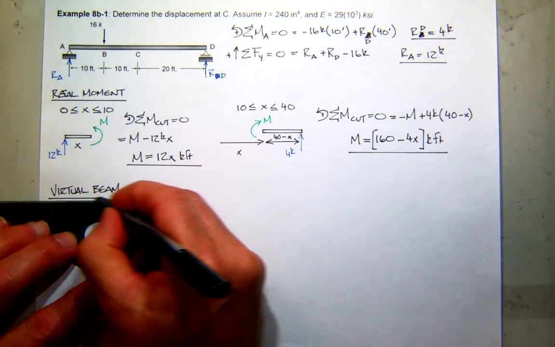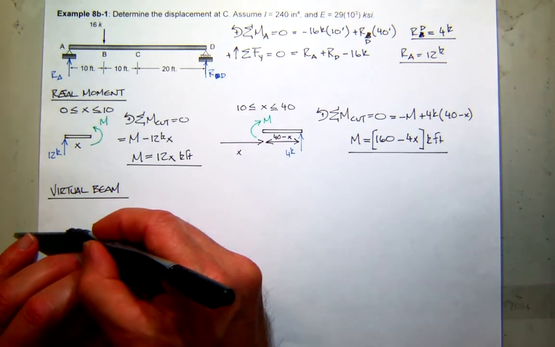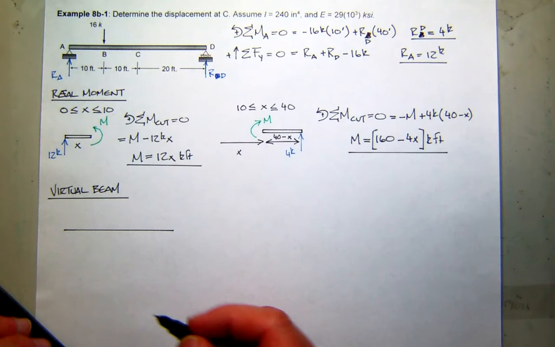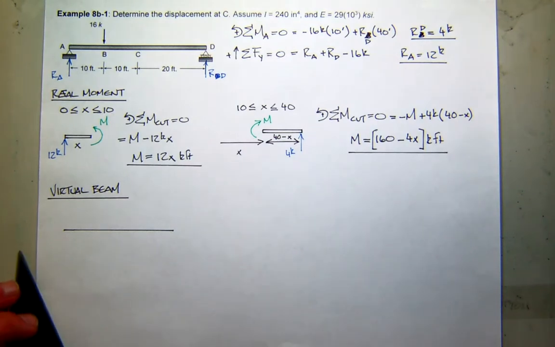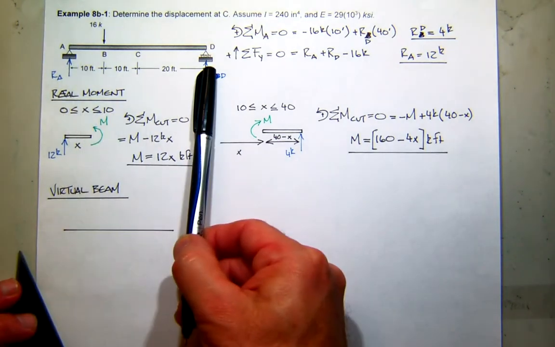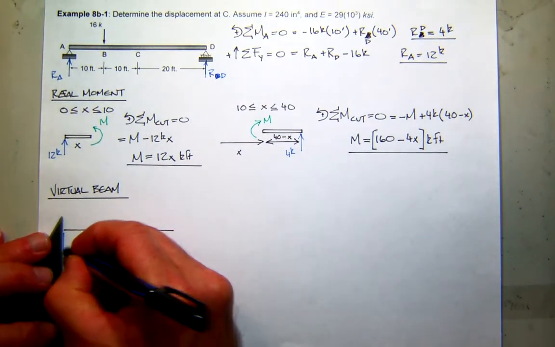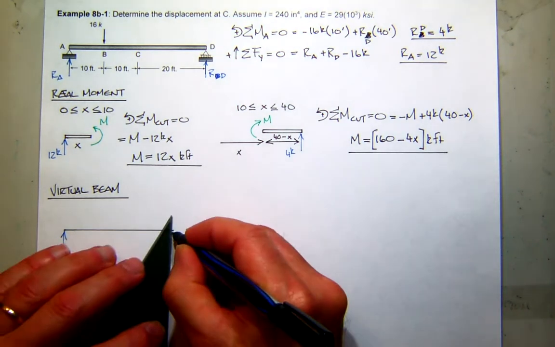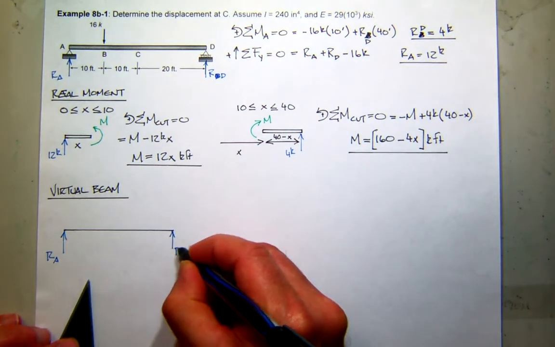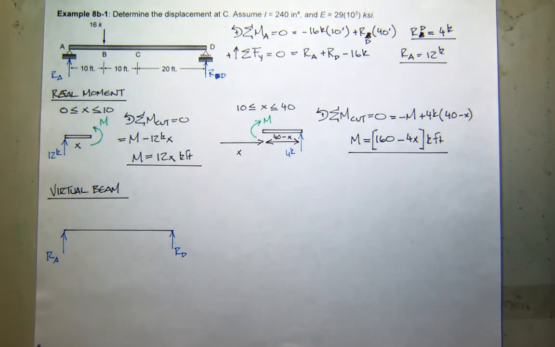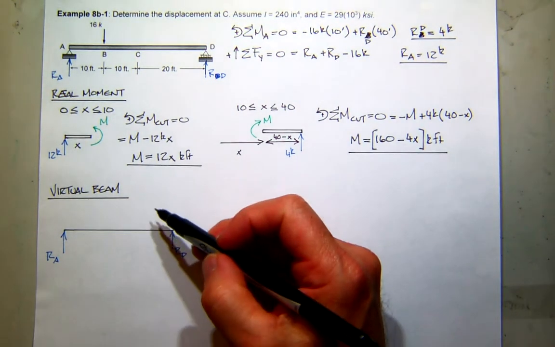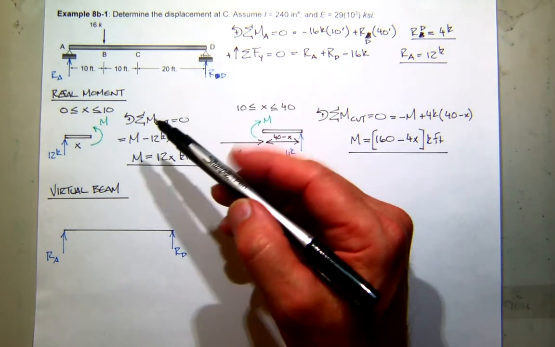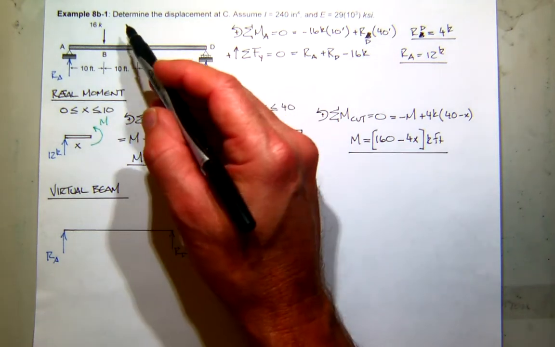So what does my virtual beam look like? Well, it looks like this. I'm still going to have a pin and a roller, so I'll have reactions. That will be RA, RD. And now we have to make a choice. Not really have to make a choice. We just have to apply the technique.